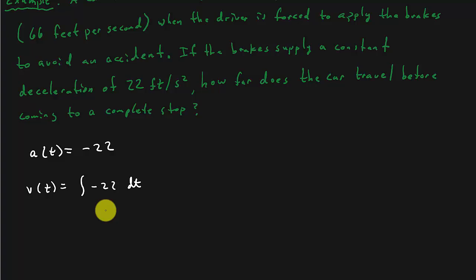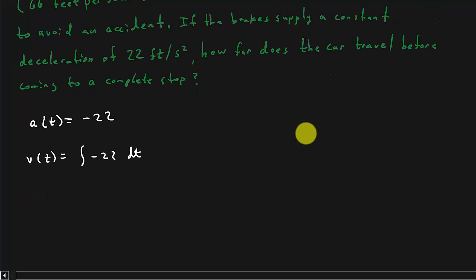We know how to work it now. Of course, we're going to have constants and everything, so we're going to need some conditions to figure out what c is. But let's go ahead and integrate this. So I've got v(t) is equal to negative 22t plus c. Easy enough there.